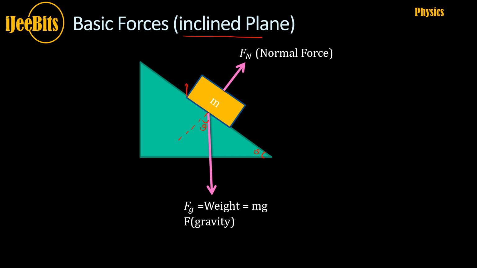So this one would be your mg cos theta, whereas one more force in this direction, if you can extend like for understanding, so this would be mg sin theta, right? So what are the forces which are balanced? Fn balanced with mg cos theta, Fn balanced with mg cos theta. Clear?